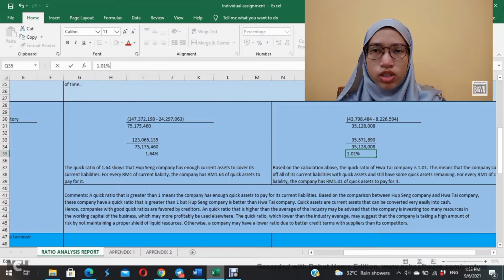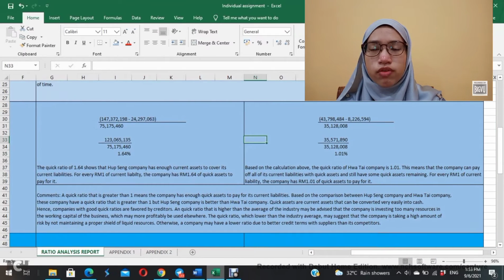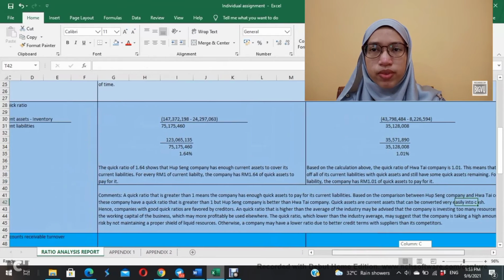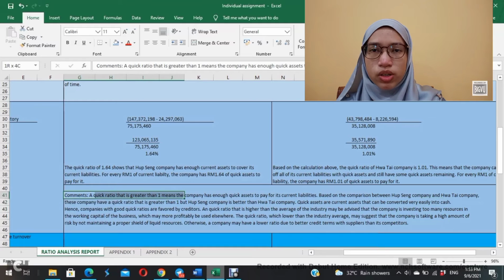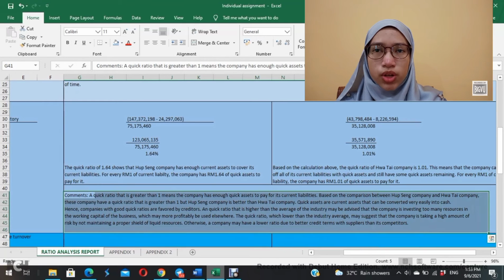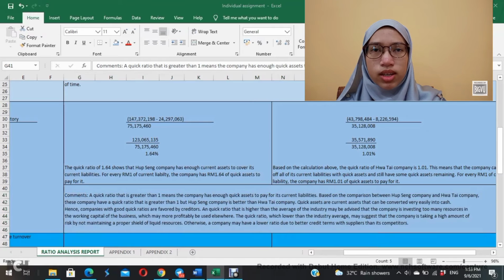Based on calculation above, it means that the company can pay off all of its current liabilities with quick assets and still have some quick assets remaining. Based on comparison between Hapseng and Huatai, these companies have a quick ratio that is greater than 1, but Hapseng company is better than Huatai.